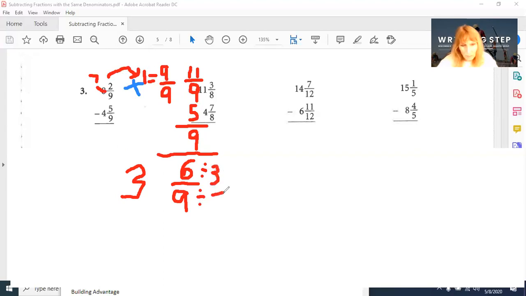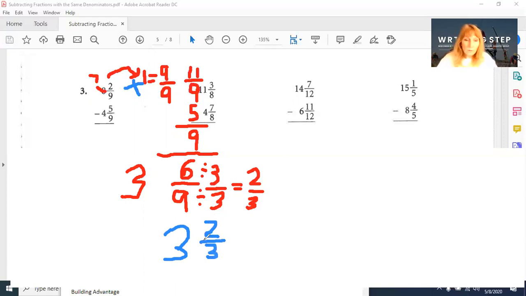So divide top and bottom by 3. And that gives me 6 divided by 3 is 2. 9 divided by 3 is 3. So my final answer then is, in blue, 3 and 2/3.